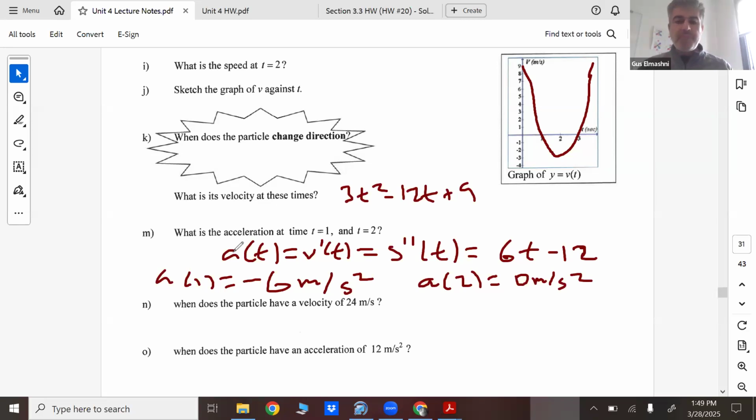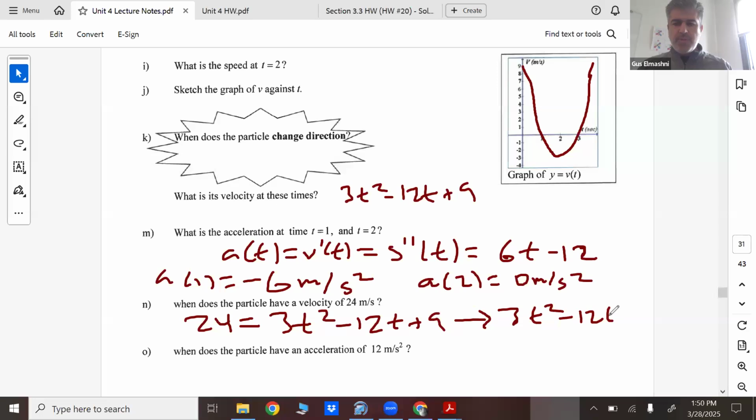So you stop and you go in reverse when you're negative, and you start going forward again. We're going to explore that in just a moment. Where is the velocity 24? We'll just set that equal to the velocity equation, so that will be 3t squared minus 12t.